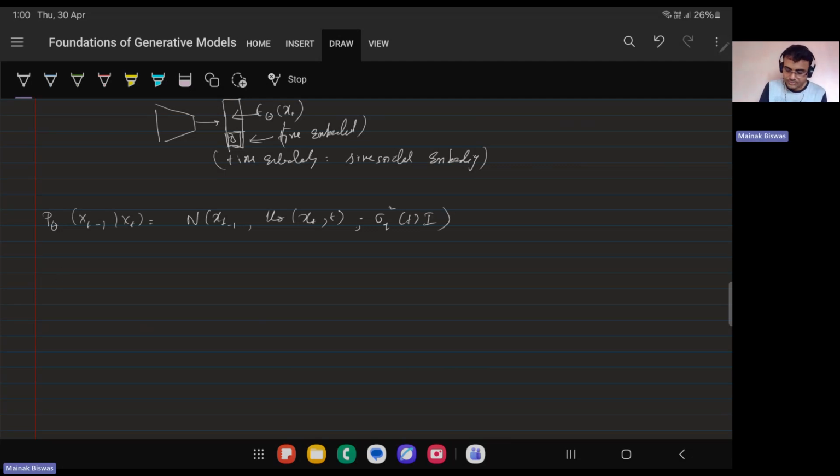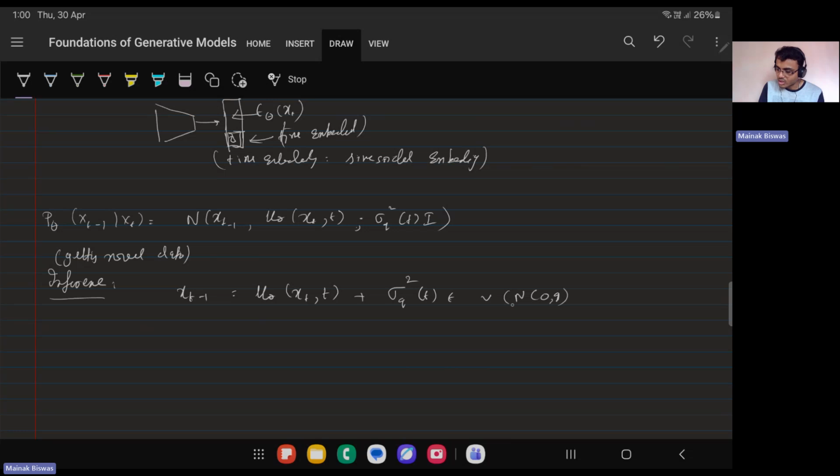So therefore inference, that is denoising to get novel data, can be done in this form, where you can write xt minus 1 as mu of xt comma t plus sigma square t into epsilon, where epsilon is distributed as normal 0, 1.